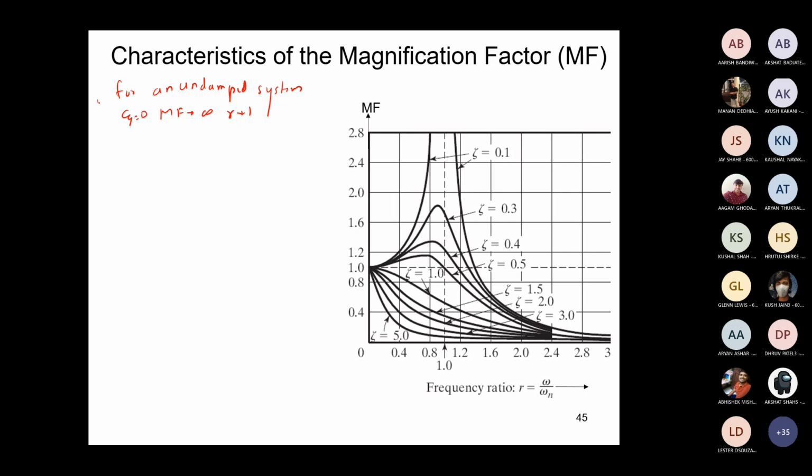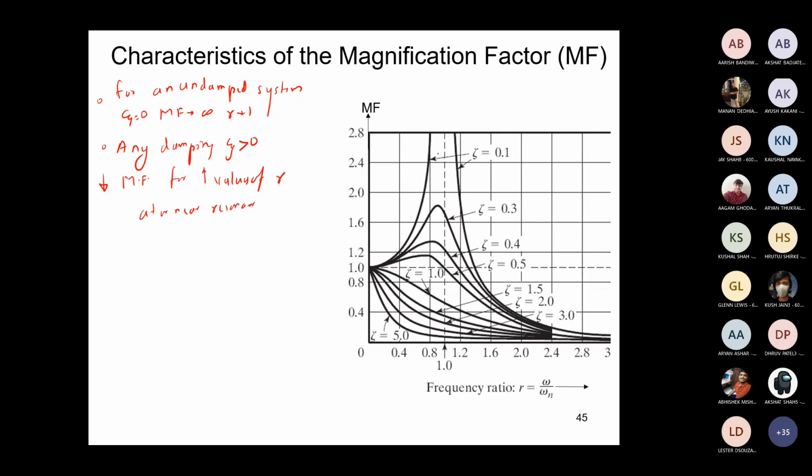Any small amount of damping, that is zeta greater than 0, reduces the magnification factor for higher values of frequency ratio r at or near resonance.